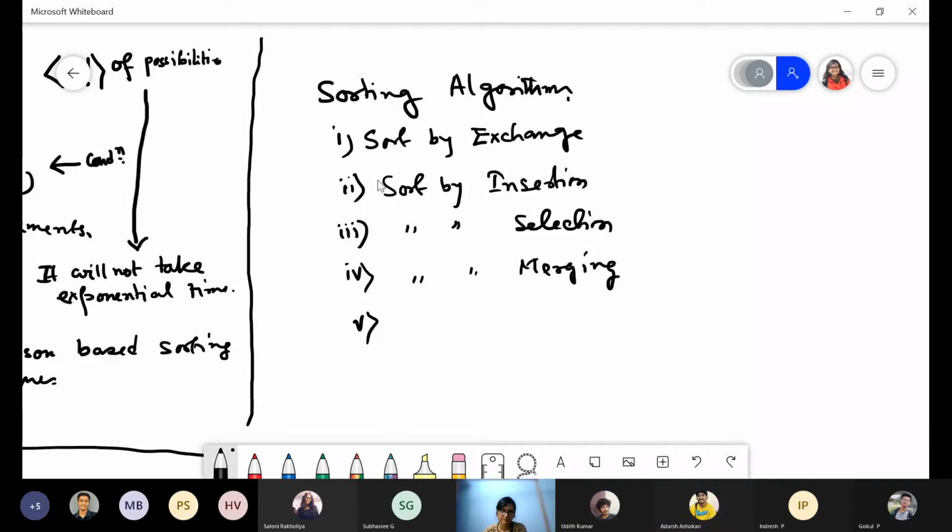Yes, pivoting about a point. And then merging is this. If we take an example, this is obviously merge sort. Selection, if this is straight selection sort.